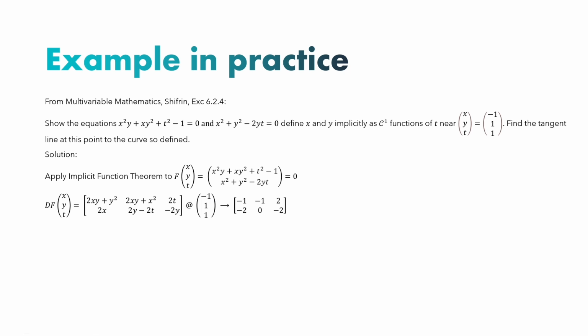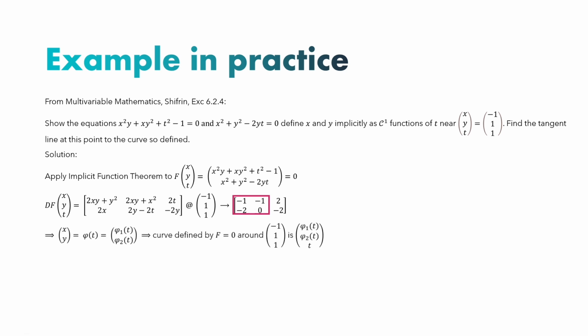And what we need to check is that the submatrix that is indexed by the variables x and y, that is the variables that we want to solve for, is an invertible submatrix. So here's that matrix, and as you can see, the determinant is going to be non-zero, and hence it is invertible.